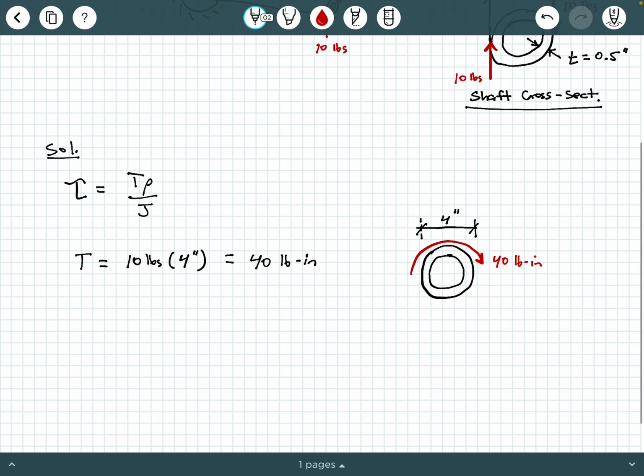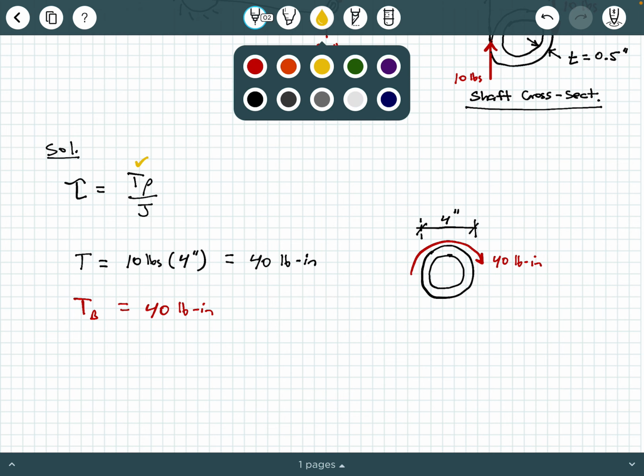So by observation, the torque moment at B is just equal to that 40 pound inches. We're still looking at this diagram at point B. That gives us capital T, so we can check that off.